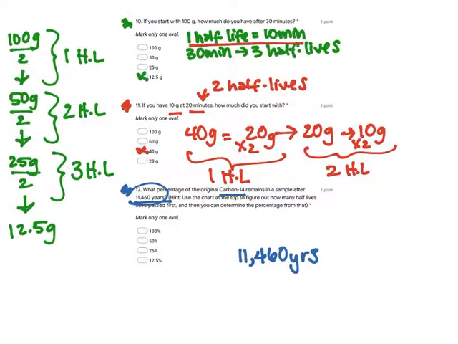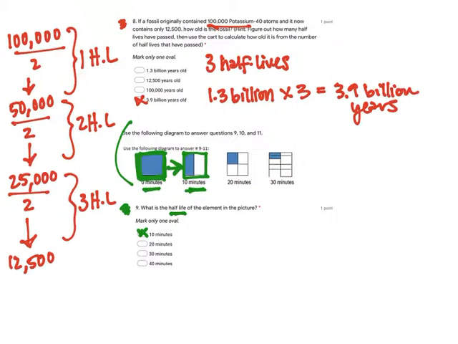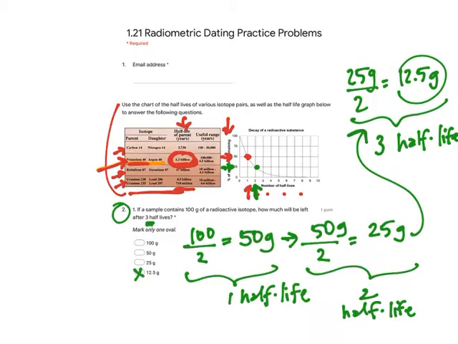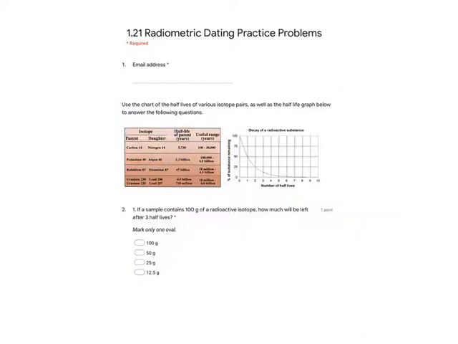So let's go back to the chart to learn more about carbon-14. Let's get rid of some of these drawings. Okay, so we know that carbon-14 is here, and a half-life for carbon-14 is this amount of time, 5,730. So let's bring this number to our problem and see how that relates to the number that was given.